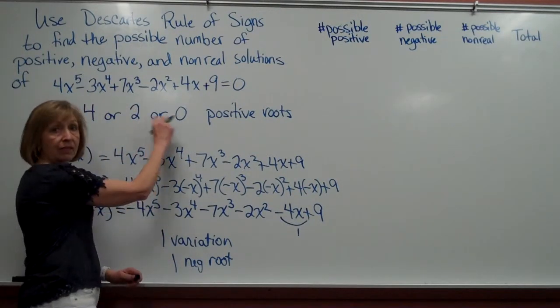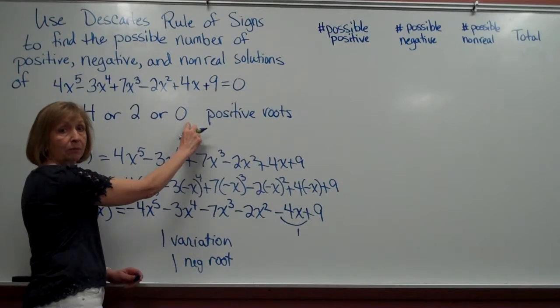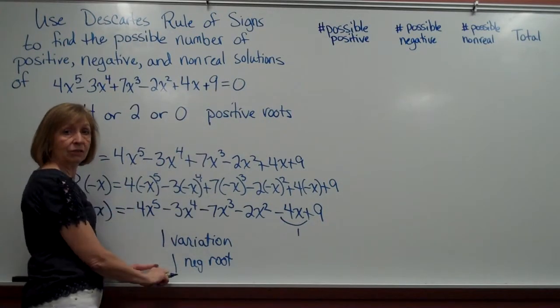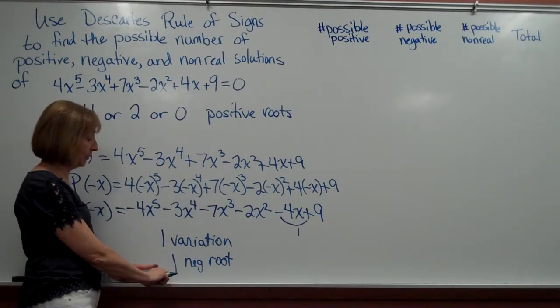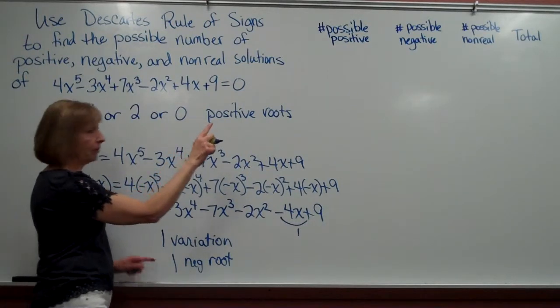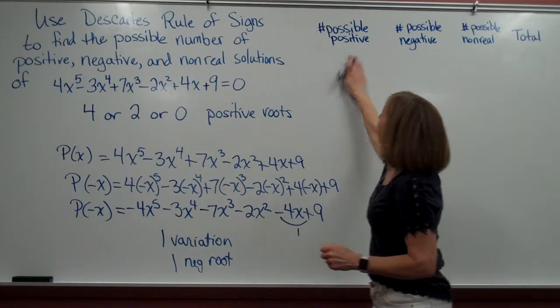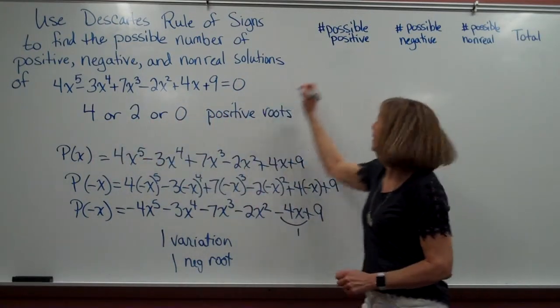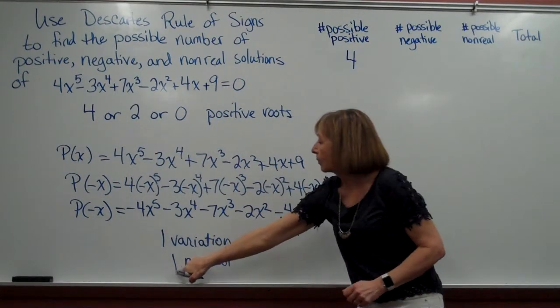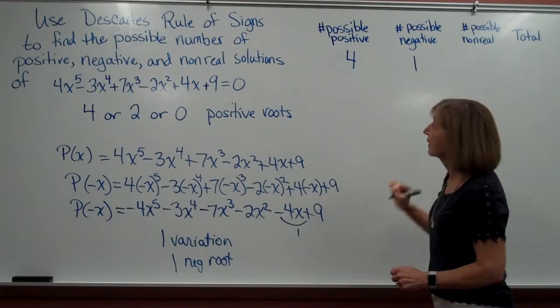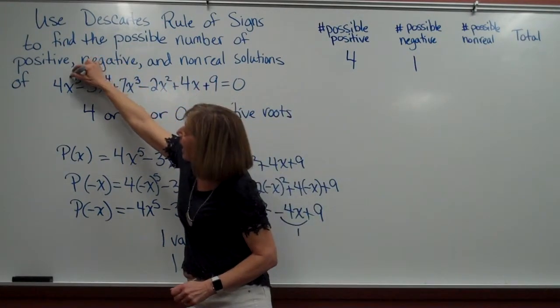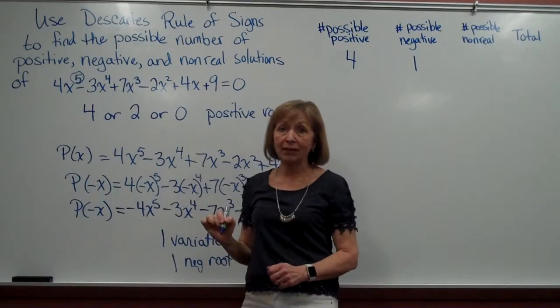Now we take each of the situations of the number of possible positive roots with each of the situations of the number of possible negative roots. So I can make a table. If I had 4 positive roots with 1 negative root, and I see that my highest power of my polynomial equation is 5.